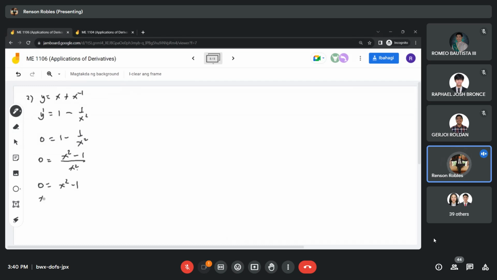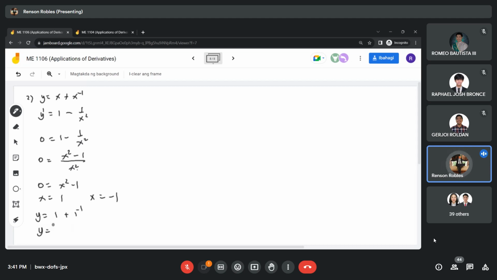So what is x? Positive 1 and x is -1. The next, find the critical point by substituting x to the original given. Y equals x plus x raised to -1.